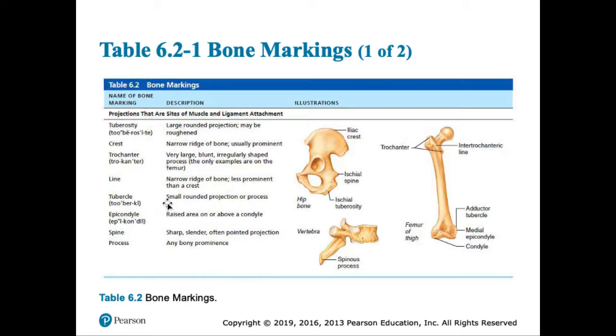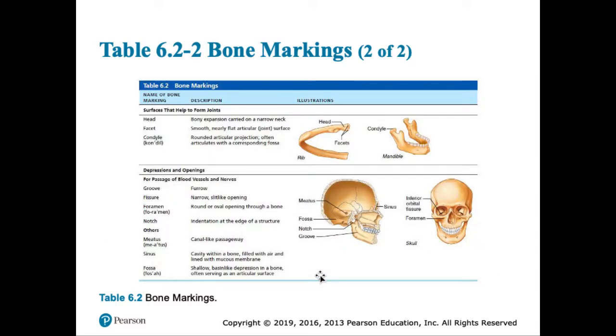So you can see each one of these different types of bone markings on bone. These are really important to help us categorize bones and see what's going on with them. These things are looked for if there's damage, or if any development is being stunted. We should see these bone markings.